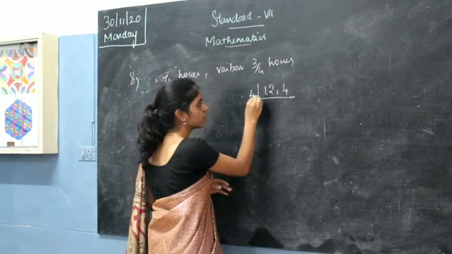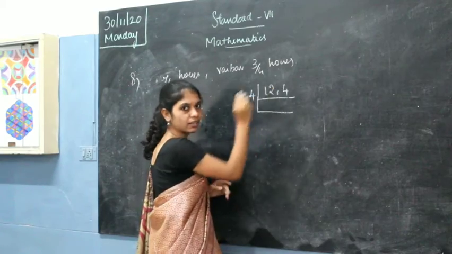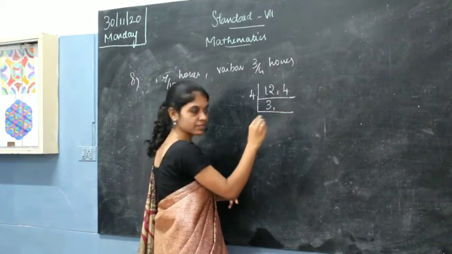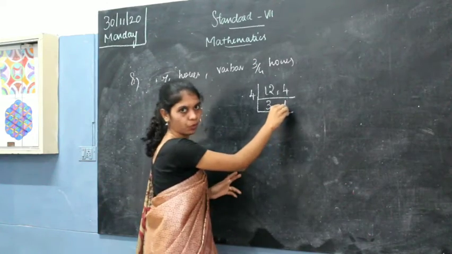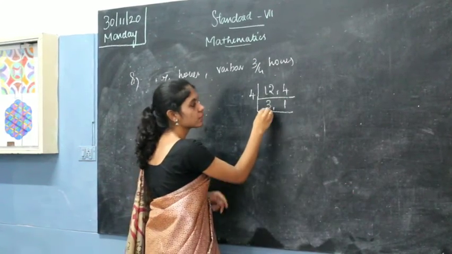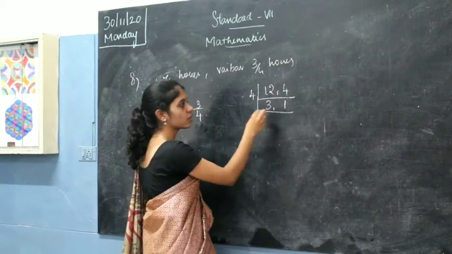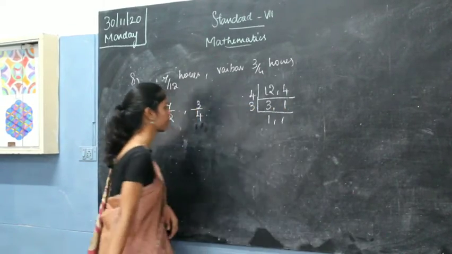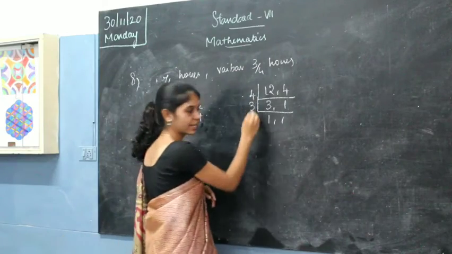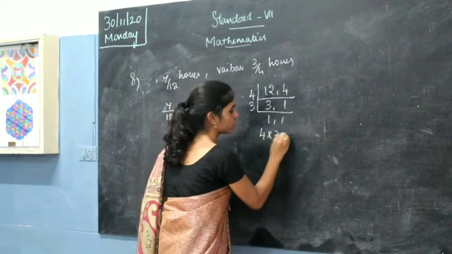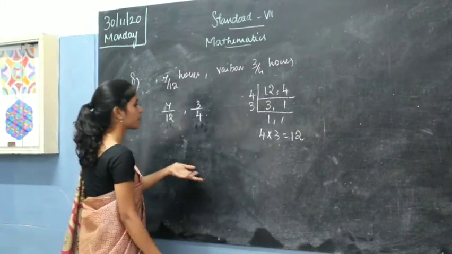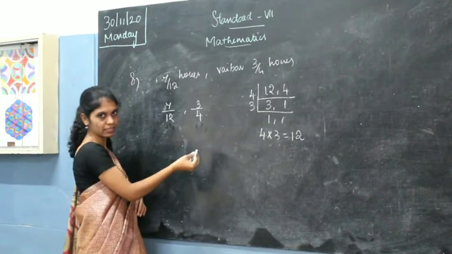If you divide 12 by 4, you will get 3, 4 3s are 12. So you will get 3 and 1 here. So the common denominator is 12.